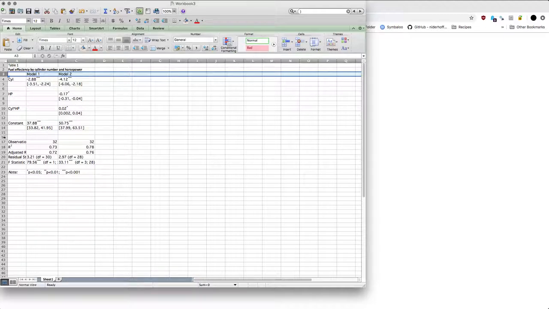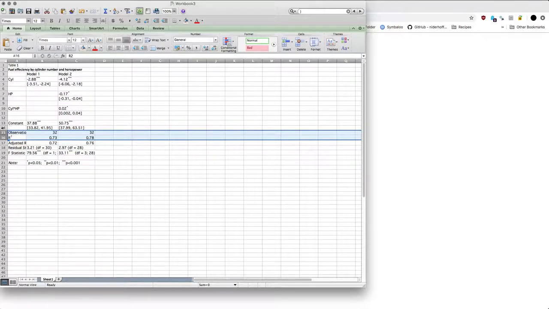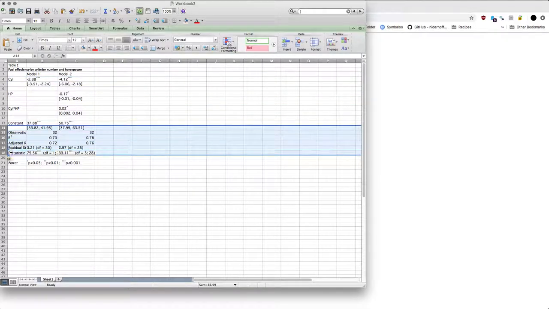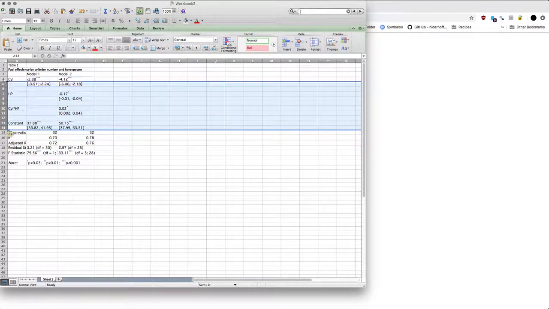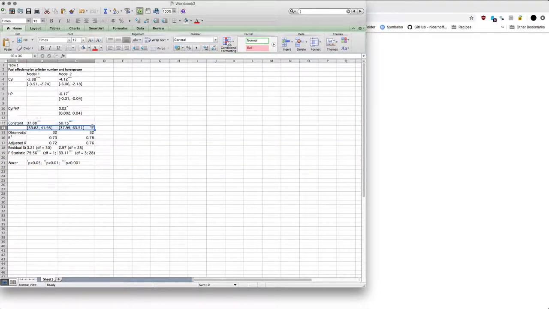Now, you have your parameter information up here and the model information down here, so it makes sense to throw in a bottom border down here to separate those things.